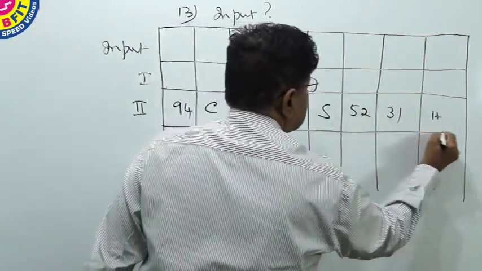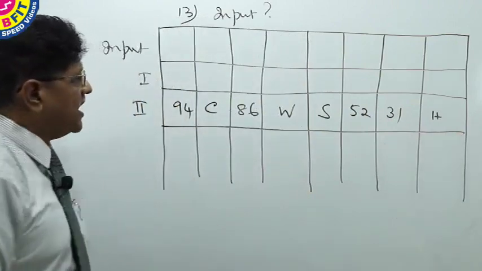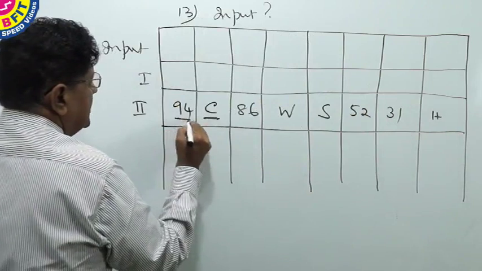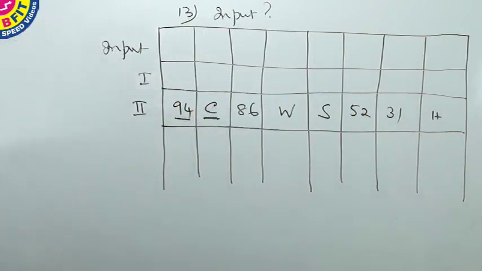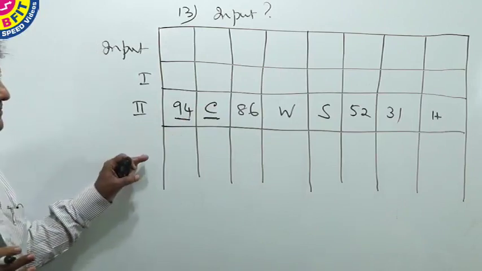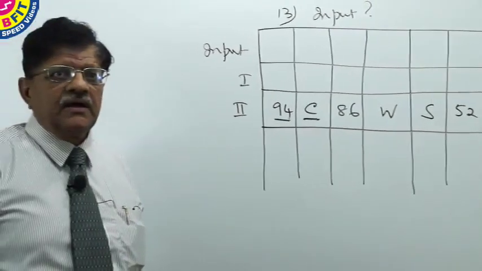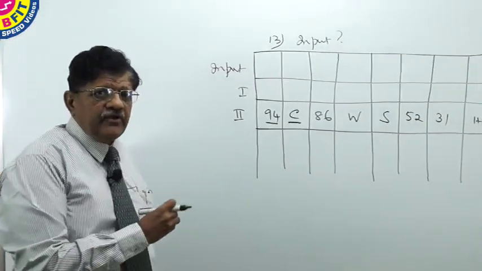Now we are given this second step. Second step means this has been moved, this has been moved. These two variables have been moved to this place. From where? We do not know. Now in this question you have to look carefully.